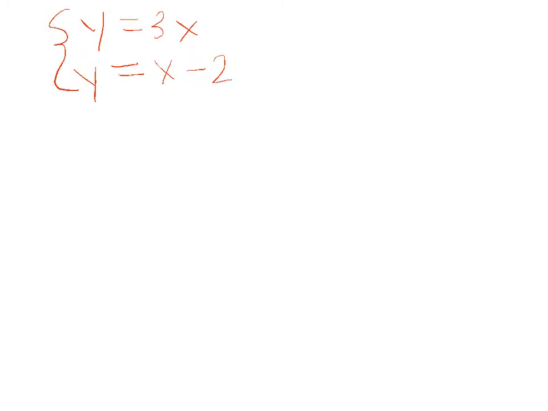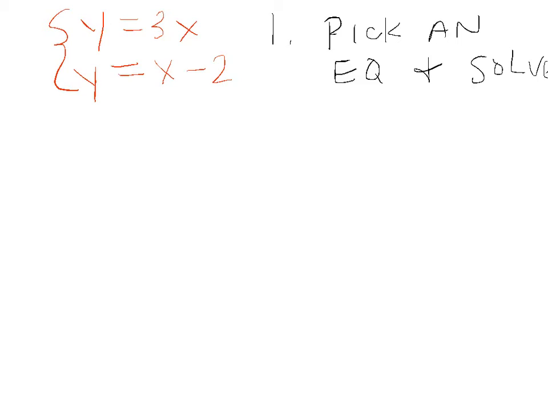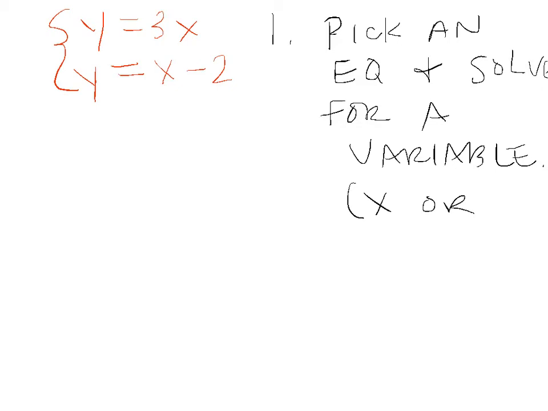Step 1: pick an equation, either one, it doesn't matter, and solve for a variable. This variable that you solve for can be x or y. It doesn't matter which variable you choose to solve for. We'll pick equation 1 this time. It's already solved for y, so I have y equals 3x, and that's where I'm going to start.